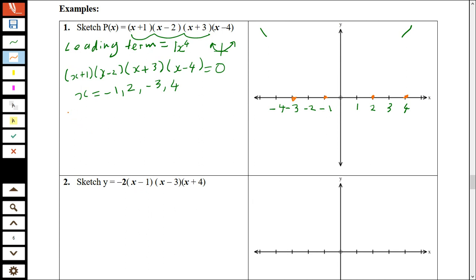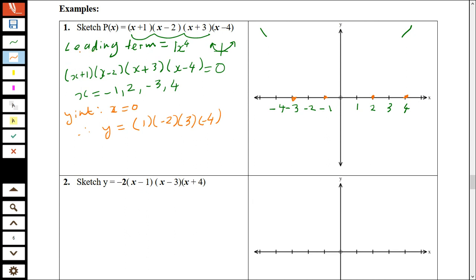Now, what about the y-intercept? To get the y-intercept, just sub in x equals 0, and that's going to give you y equals, okay, so you're going to have 1, and then -2, and then 3, and then -4.